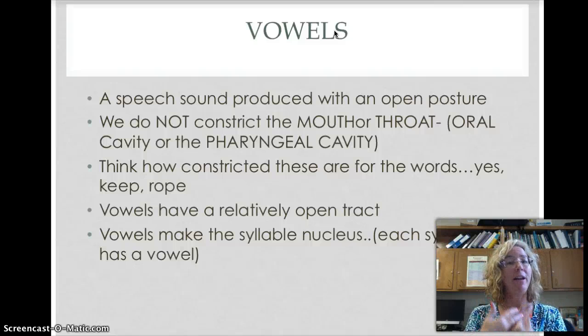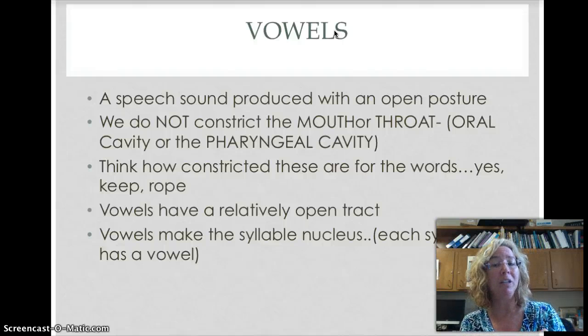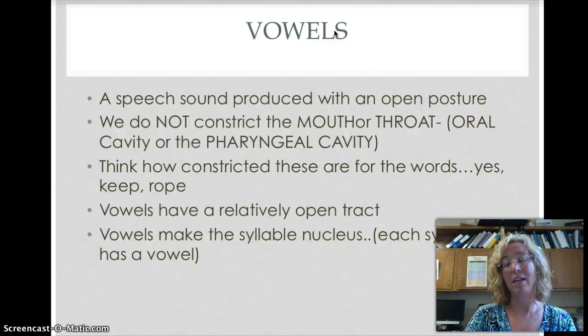So again, we think of vowels as having a relatively open tract. Vowels make up the syllable nucleus. And so if we are asked how many syllables in the word elephant, you can hear the vowels. Elephant, elephant. There are 3 vowels in that word.